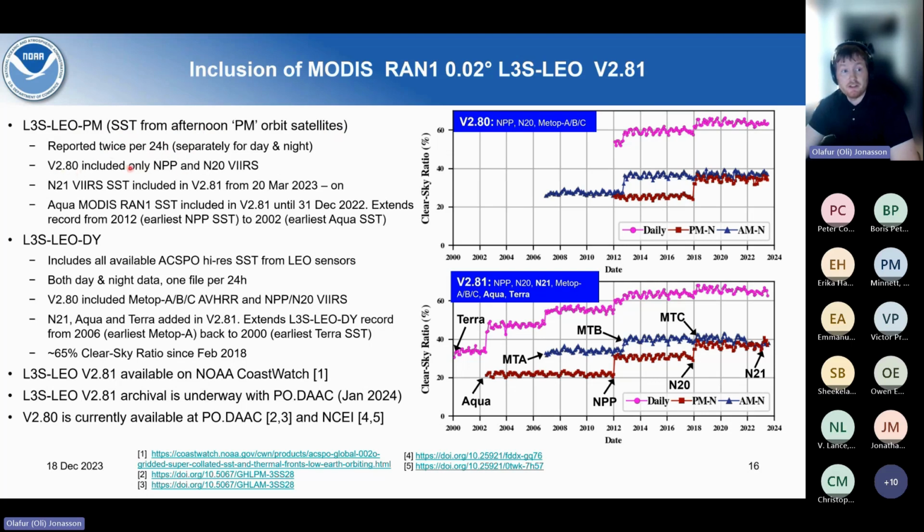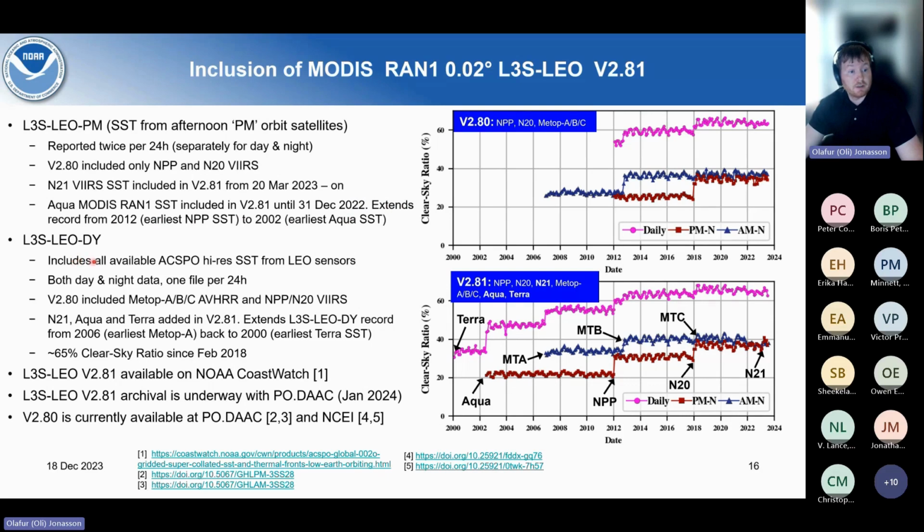Before, in 2.80, it only included NPP and NOAA-20 VIIRS, but now in version 2.81, we are including NOAA-20 VIIRS, and also Aqua MODIS RAN1 SST. This is included until March or end of 2022, when the Aqua orbit drift became significant. The most important part is this extends the record of L3S-LEO PM from 2012 to 2002.